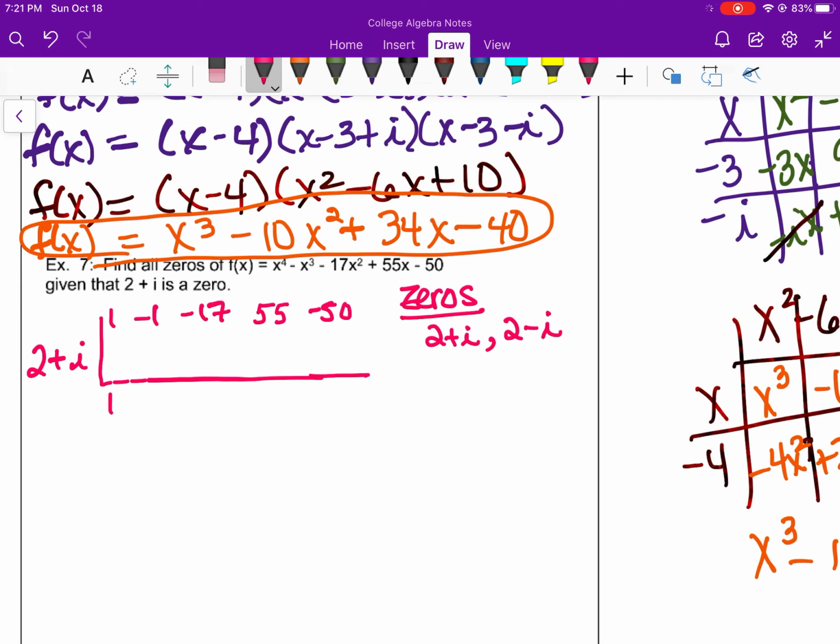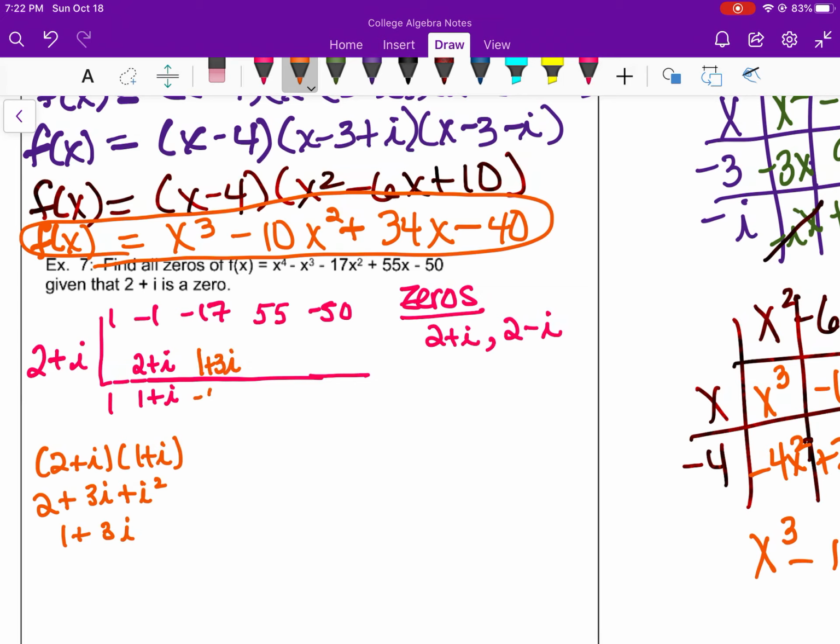Okay, I'm going to bring down my 1, 2 plus i, add, 1 plus i. I'm going to multiply those together, so I'm just going to have some workspace down here. Let's see, that's going to be 3i plus i squared. So 1 plus 3i.